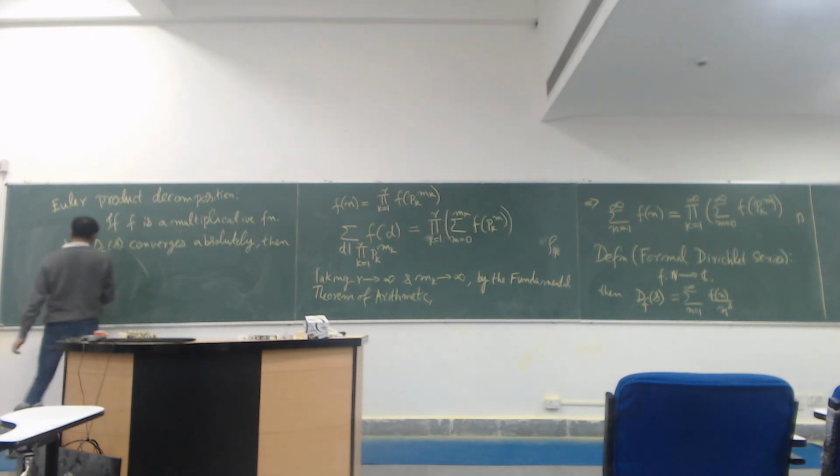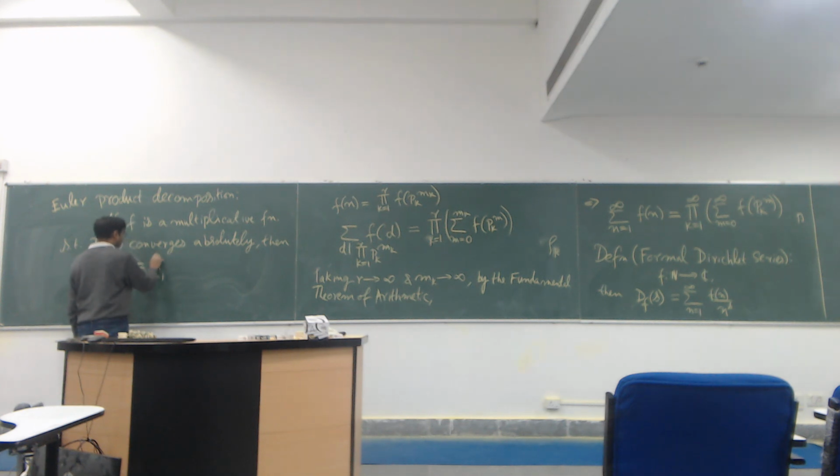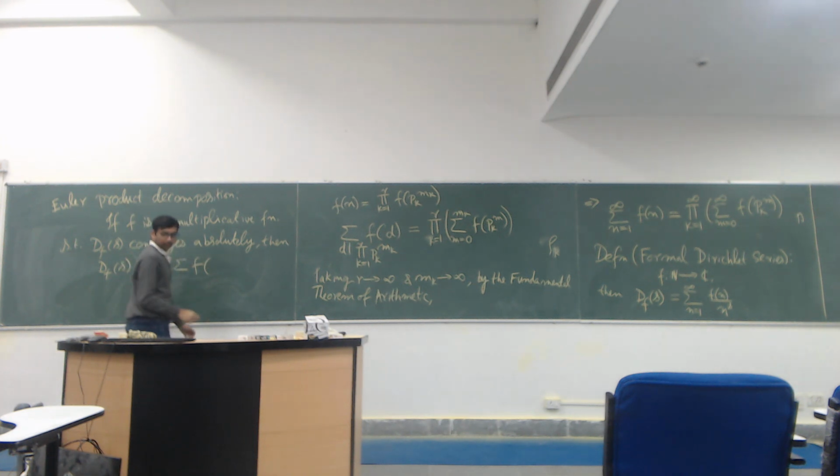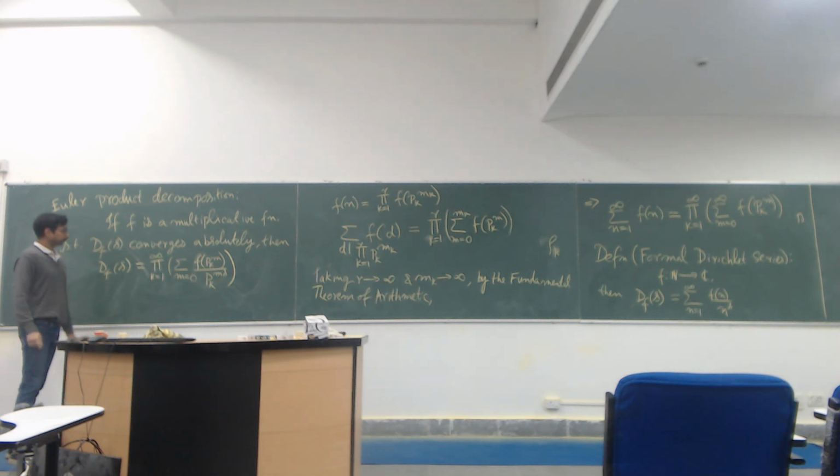then D_f(s) is equal to this product, k running from 1 to infinity, of the sum over f(p_k^m) by p_k^(ms), with m running from 0 to infinity.